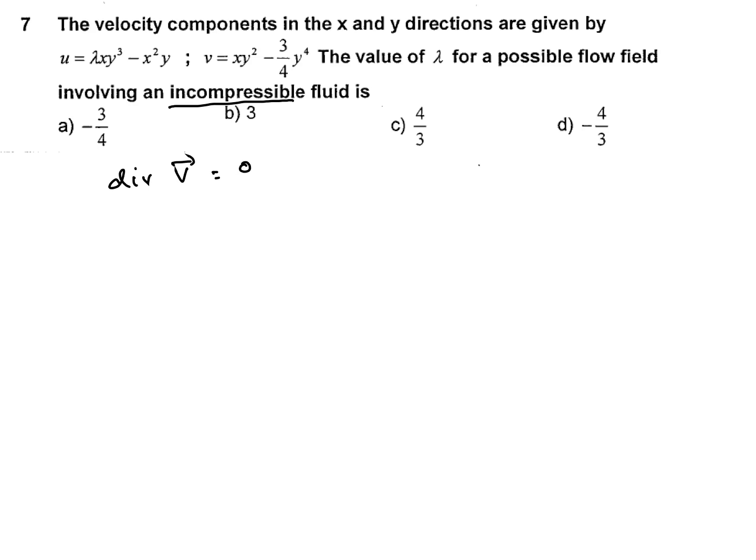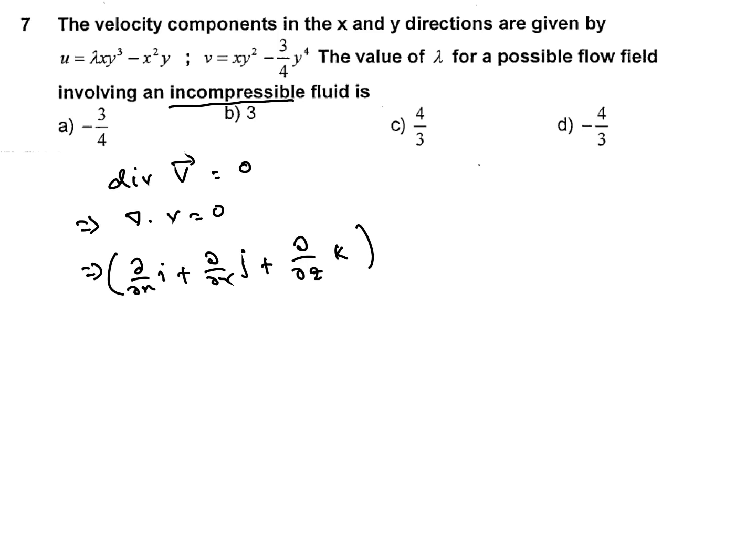Del dot V equal to 0. So del by del x i cap, del by del y j cap, plus del by del z k cap, dot product.